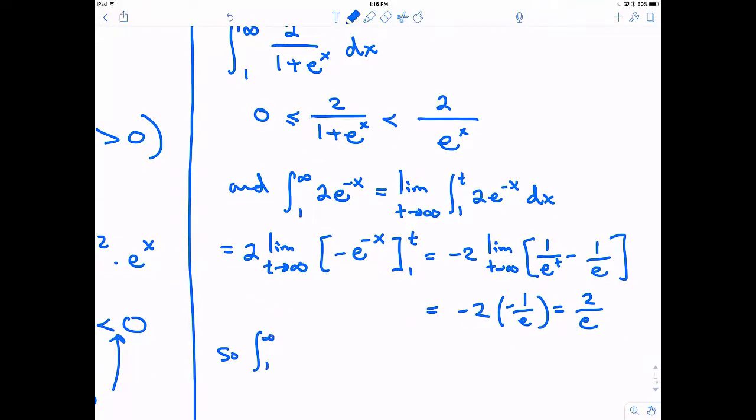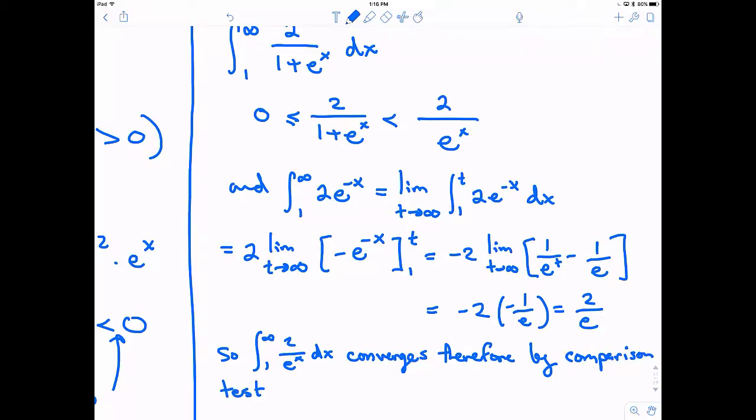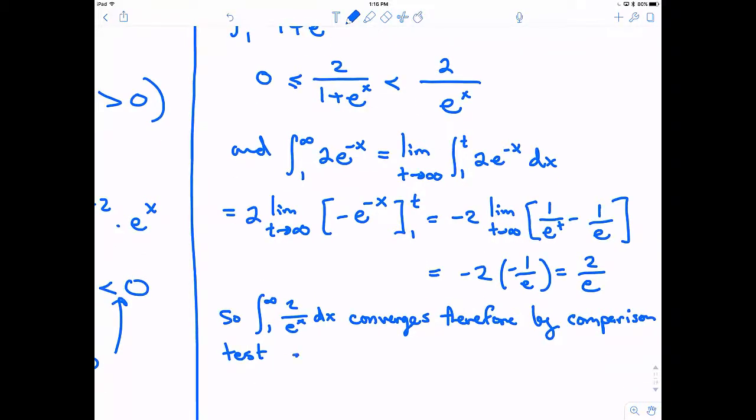So we know that this thing converges. Because this thing converges and it is larger than my function, we know by the comparison test that my original function, the integral from 1 to infinity of 2 over 1 plus e to the x dx, converges. And because this converges, we know then by the integral test, right?